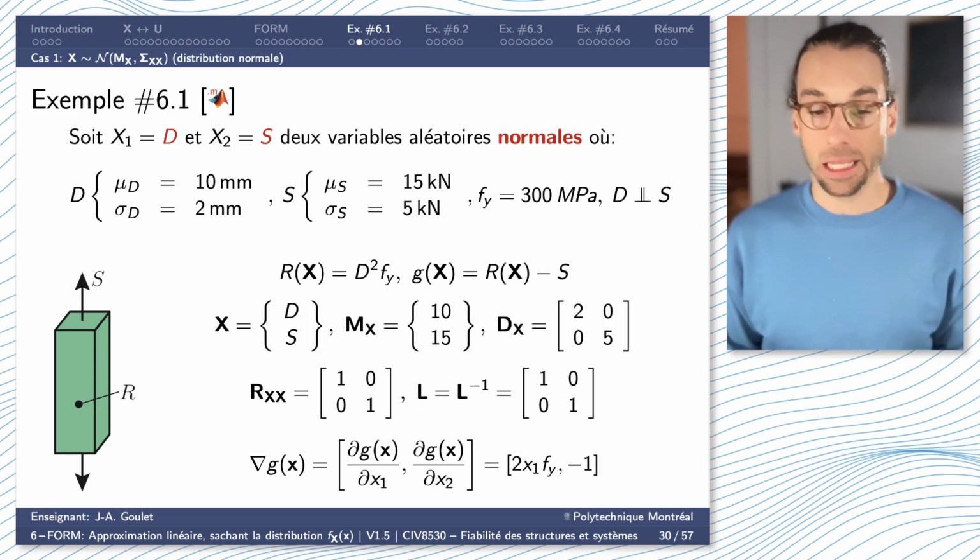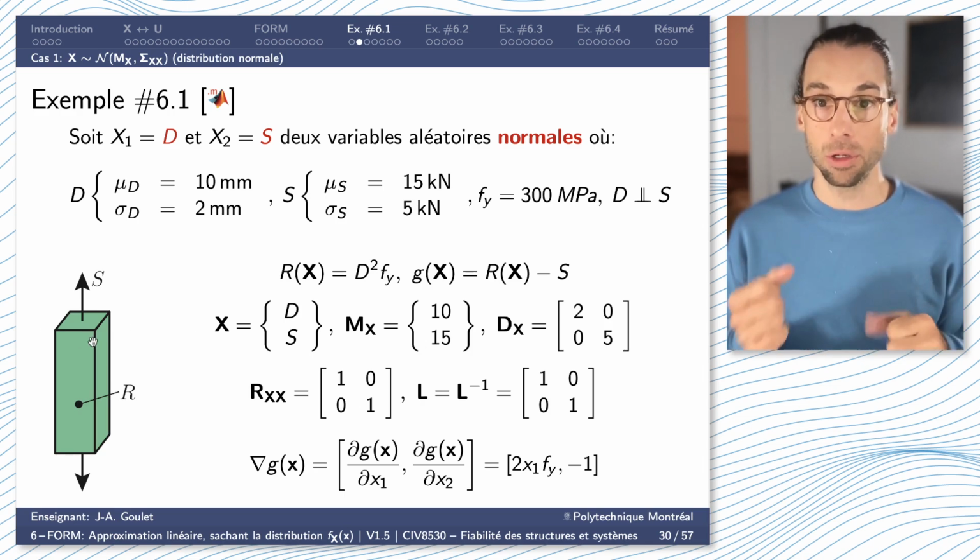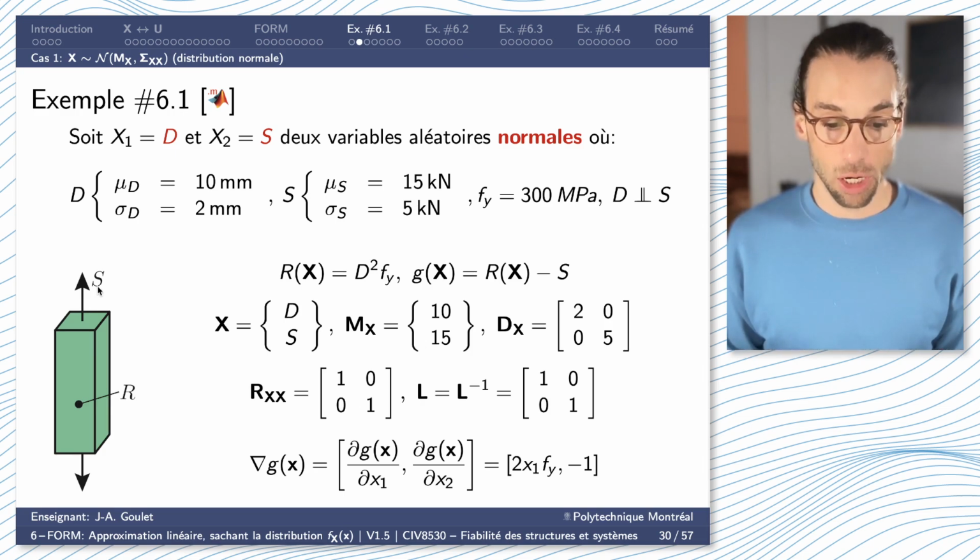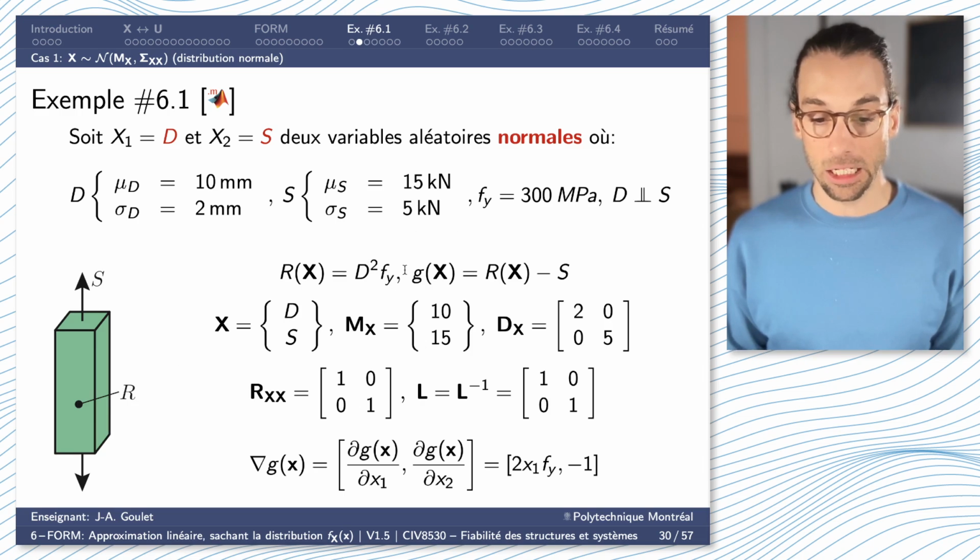So we're going to take our classic problem. We have a component, which is a bar, subject to a solicitation S, and where the resistance is modeled by d squared f of y. f of y is the elastic limit of my material, and d squared is the cross-section area.